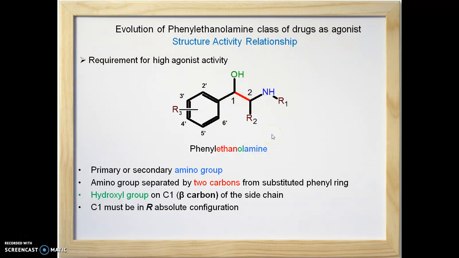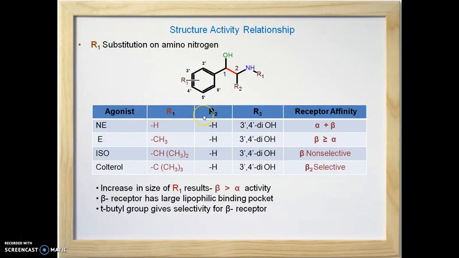Now we are going to see what are the effects of substitutions indicated as R1 on amino group, R2 on carbon number 2 or alpha carbon, and R3 on the phenyl ring. We'll first concentrate on R1 substitution on amino nitrogen.